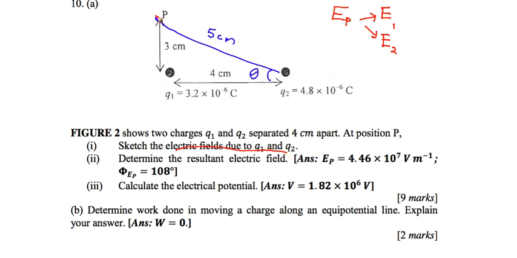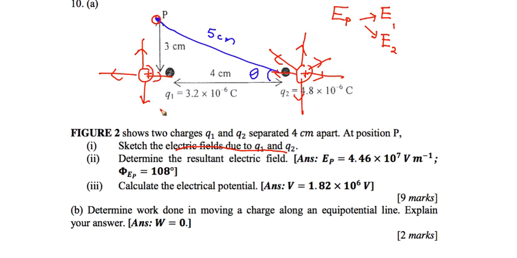At the point P here, Q1 is a positive charge and Q2 is also a positive charge. So the direction of the electric field for a positive charge is outward. Meaning at the point P you have first E1.